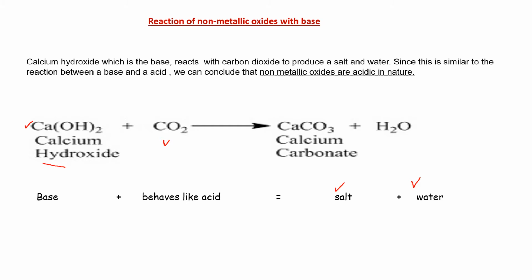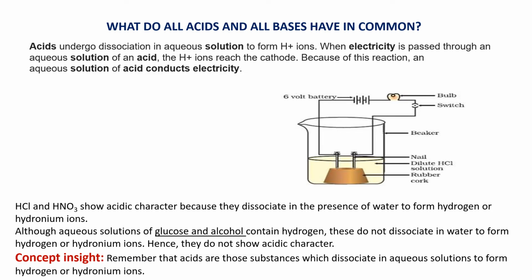This proves that the non-metallic oxide here, carbon dioxide, is acidic in nature. You can write this equation and prove it, because at the end as a product I am getting salt and water. That means acid and bases give salt and water. So if base is already present, the other compound is reacting like an acid here, right?